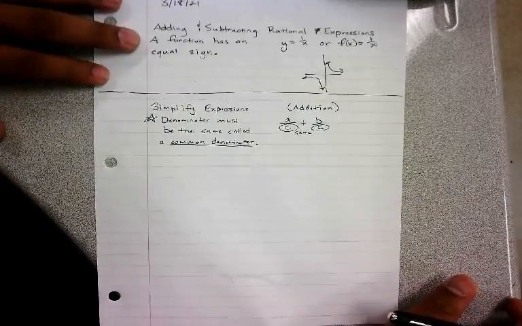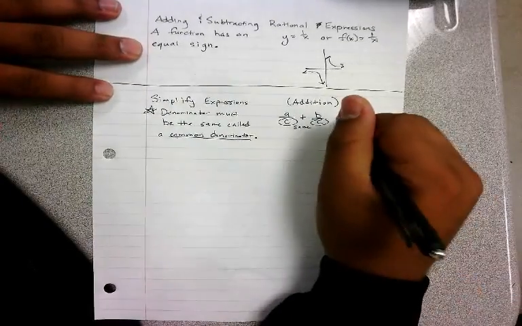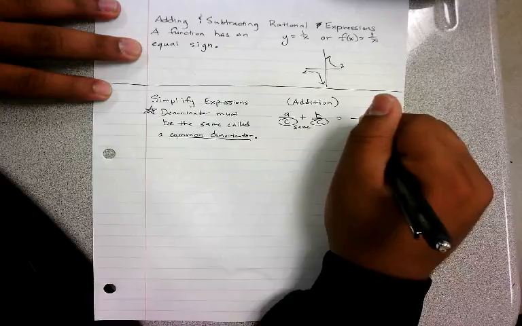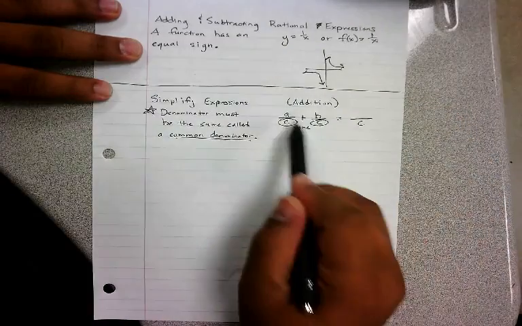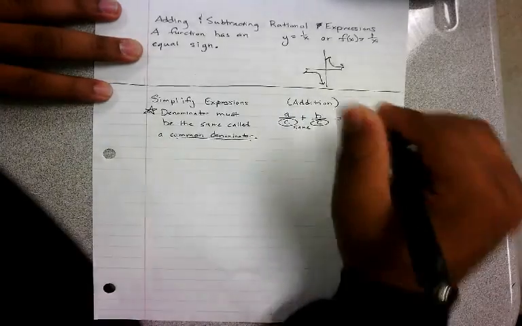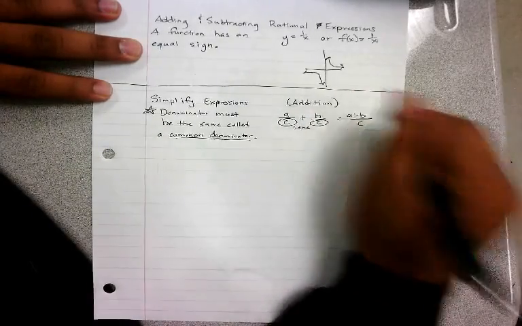So you just write same. Denominators are the same. So now we leave the denominator the same, it does not change. And then you just add the top part. So it will just be A plus B over C. That will be your answer for the addition portion.